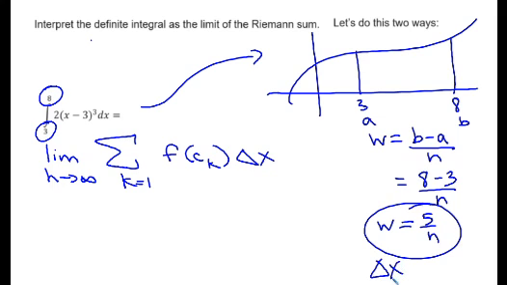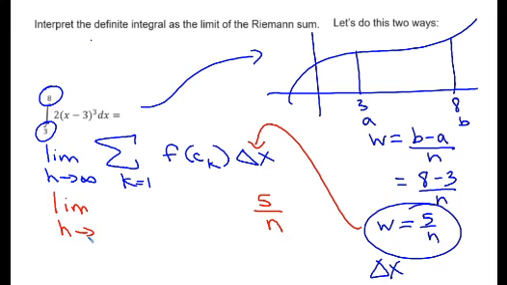So I just put that in right here. So I'm going to have a 5 over n right here for the delta x. None of this over here is going to change. This is still the limit as n approaches infinity. We're letting the number of rectangles go to infinity.